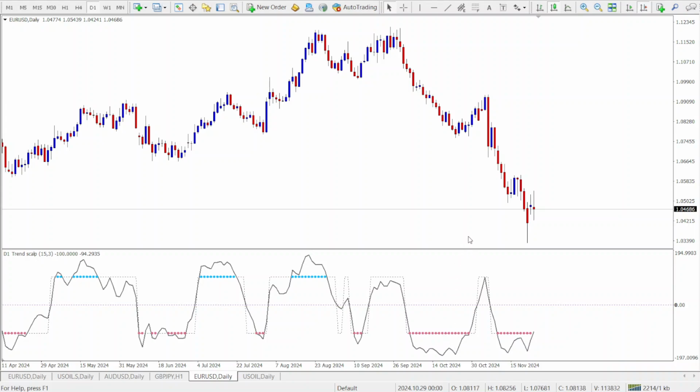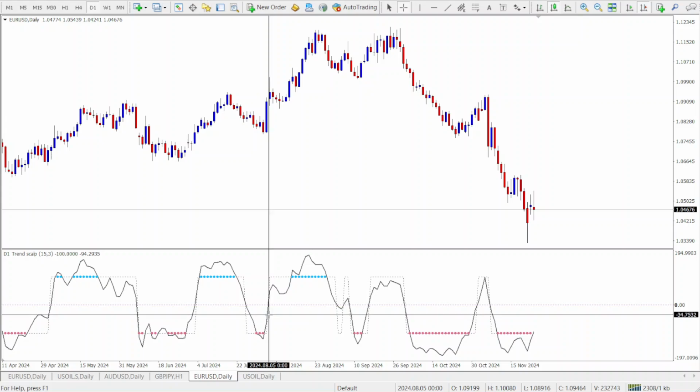Now let us interpret the signals. Let's look at a few examples. For example, let us start from here. When the indicator was in the bearish territory, the negative territory, it was still showing bearish momentum.